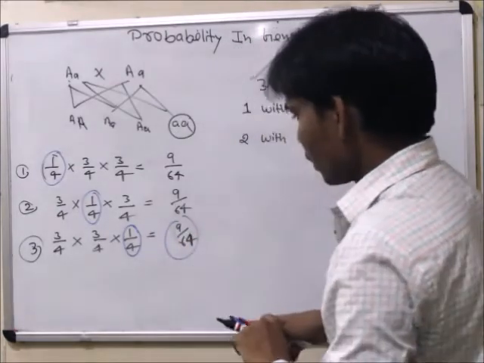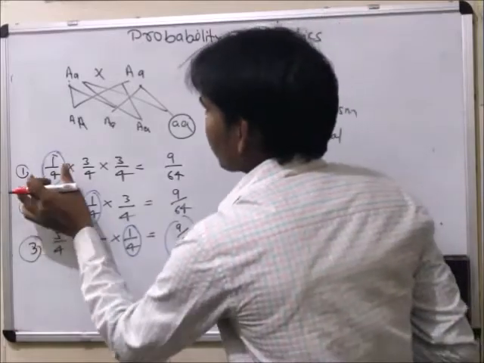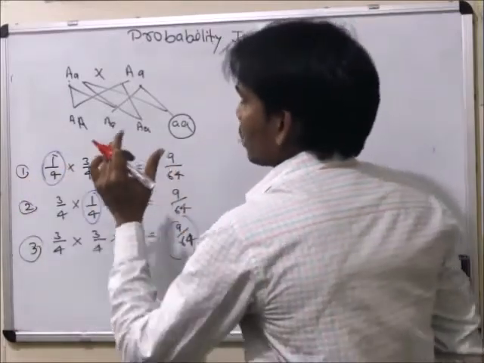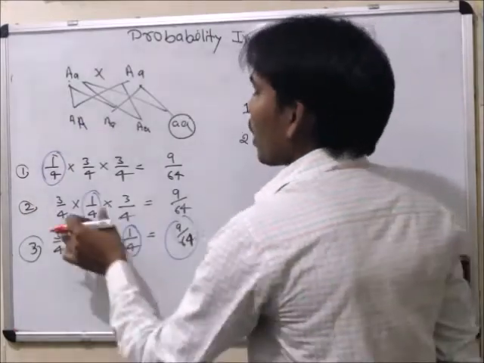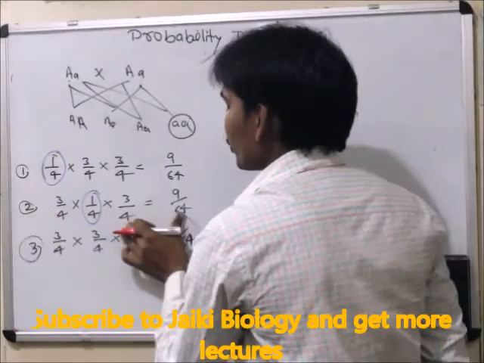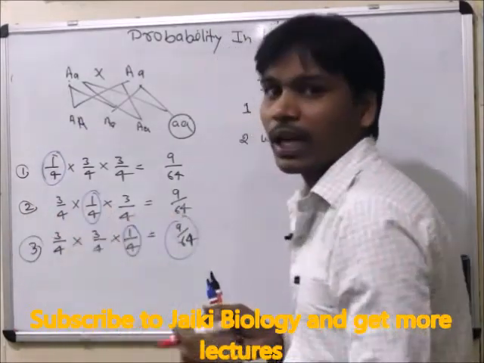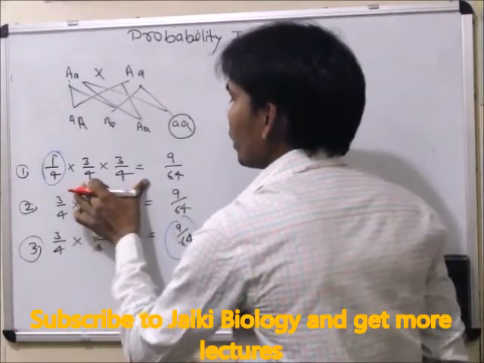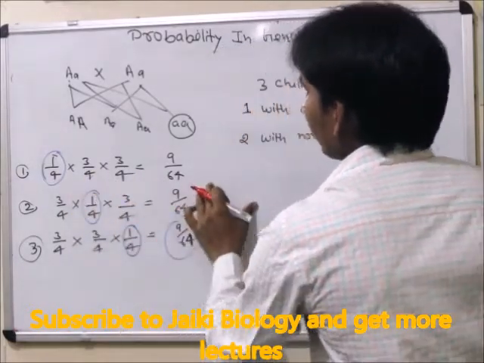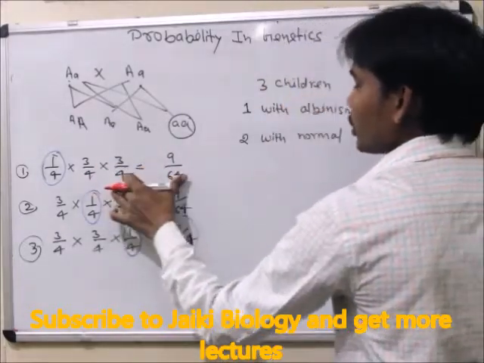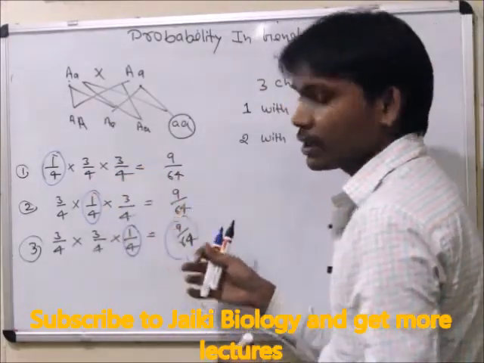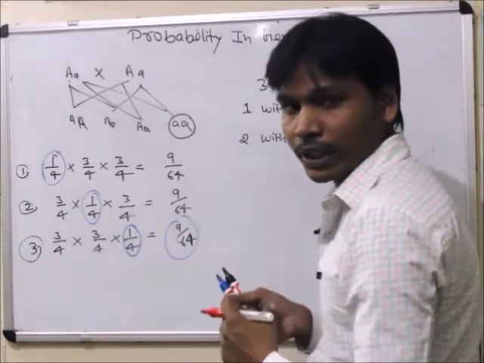Either this sequence produces albinism, or this sequence, or this sequence; the word "either" is used. Then we apply the addition rule, that either these sequences produce albinism.